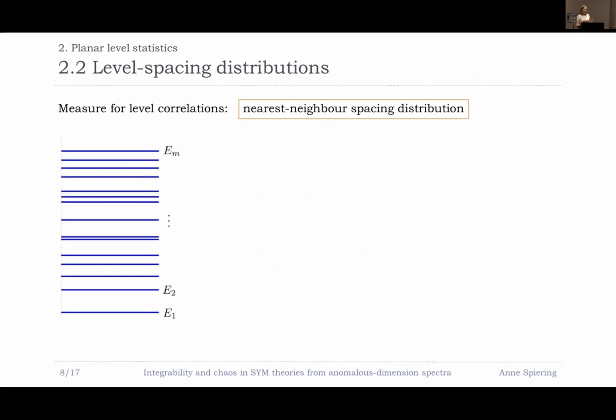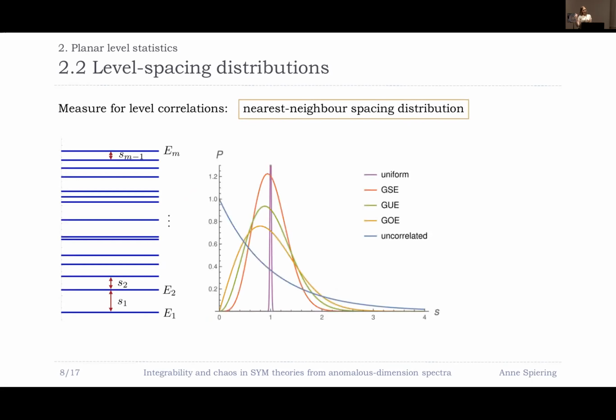One thing you can compute is the nearest neighbor spacing distribution. So imagine these are my levels. For the nearest neighbor spacing distribution, I would compute the differences of nearest neighbor levels. And then what can we expect from such an analysis? Coming back to the 3 spectra that I had at the beginning of the talk.